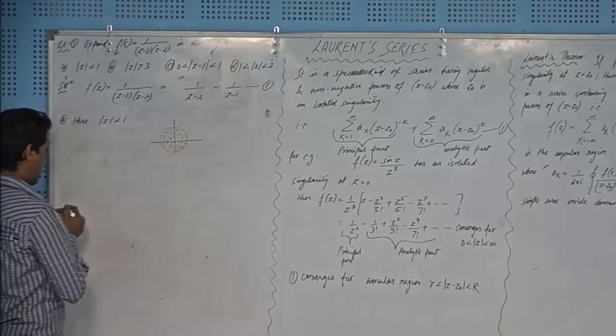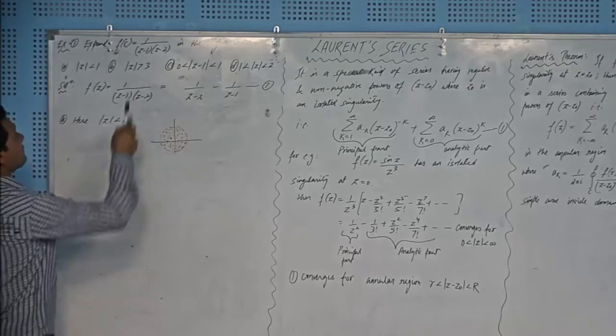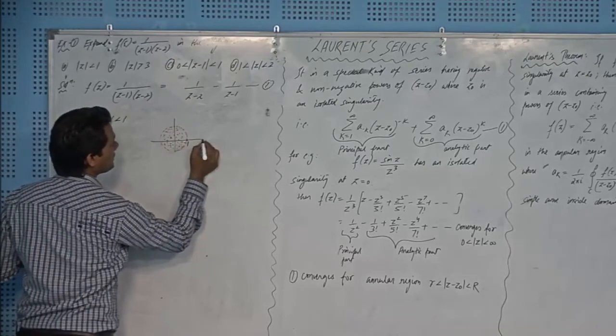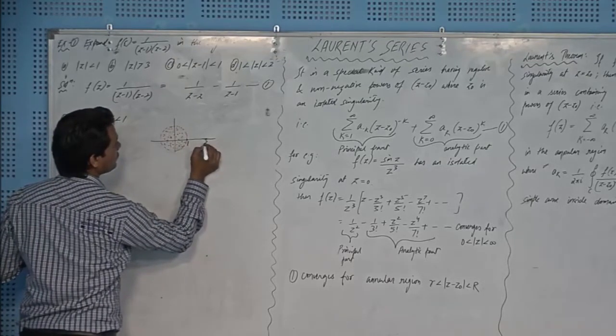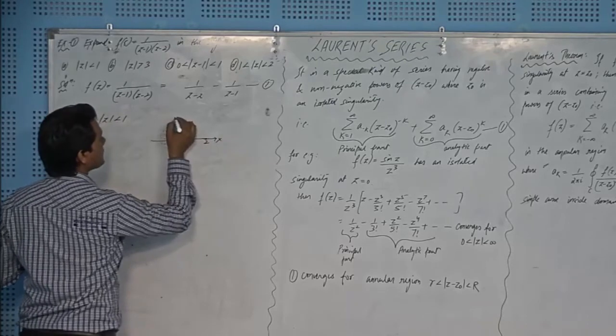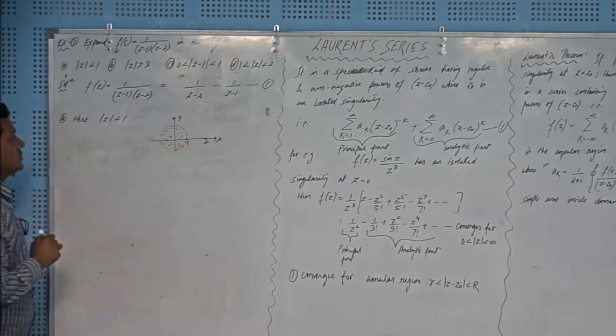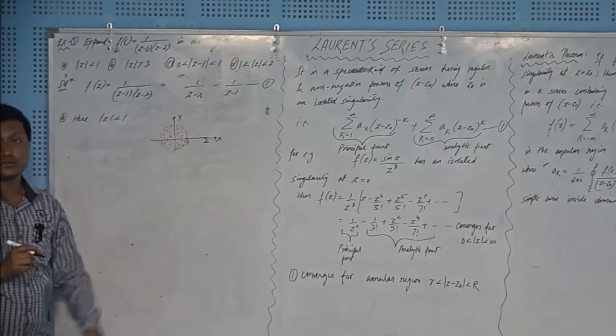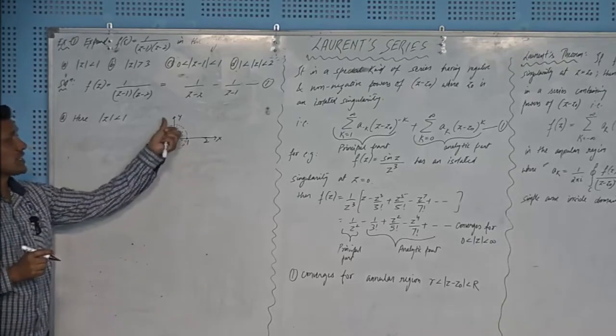You can see that the function has singularities at 1 and 2. This is singularity 1, and here we'll have 2, on the x-axis and y-axis. Obviously your disk is not passing through 1 because this disk has no boundary.